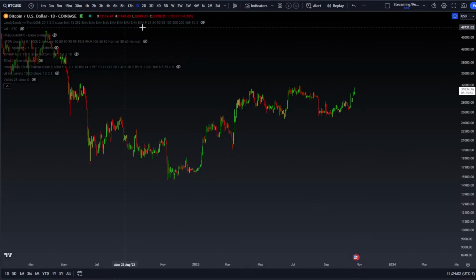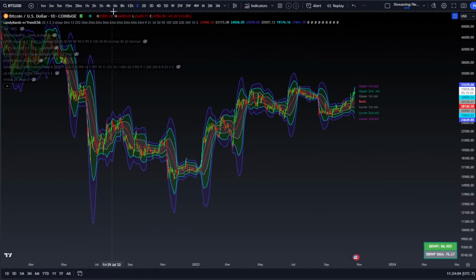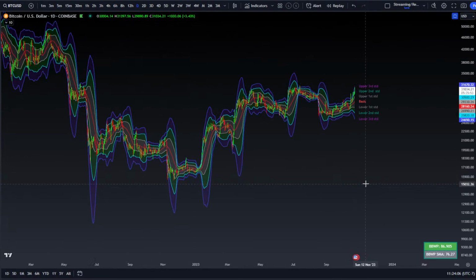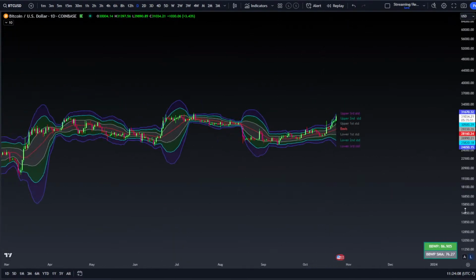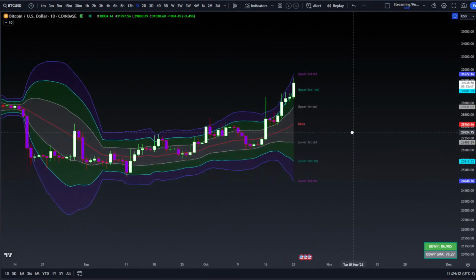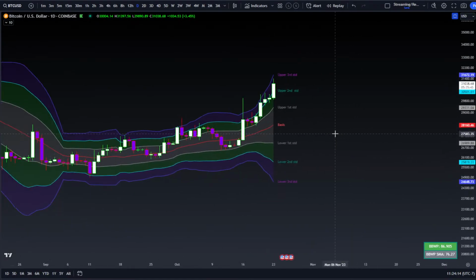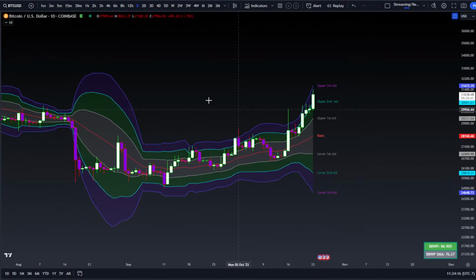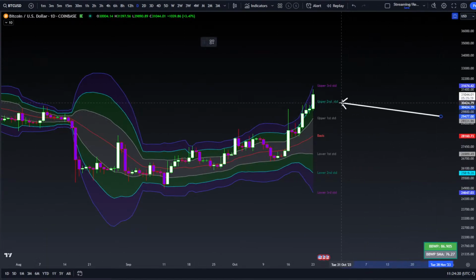All right, so let's go ahead and go back to our daily Bollinger Bands here. And I do want to note that as long as Bitcoin is closing above the upper second standard deviation, we're going to see very aggressive expansion of the Bollinger Bands, implying that Bitcoin is going to continue in this direction, close over close.